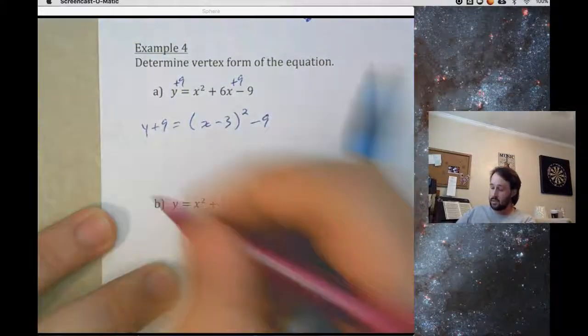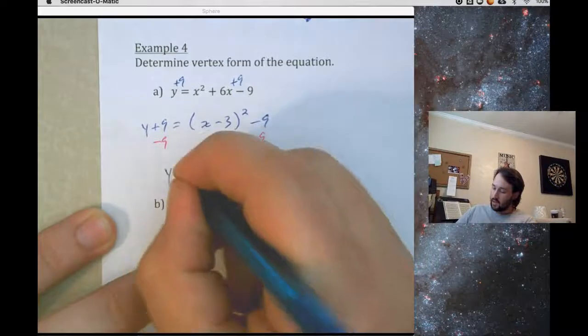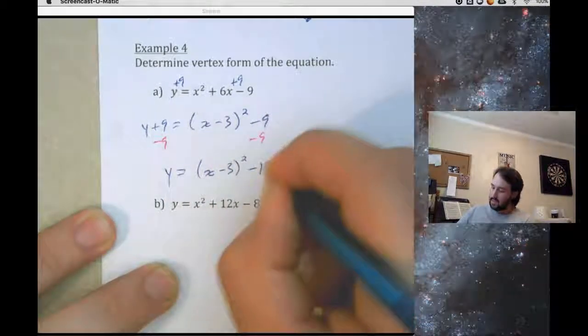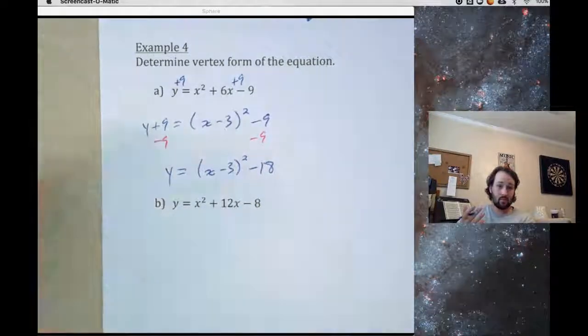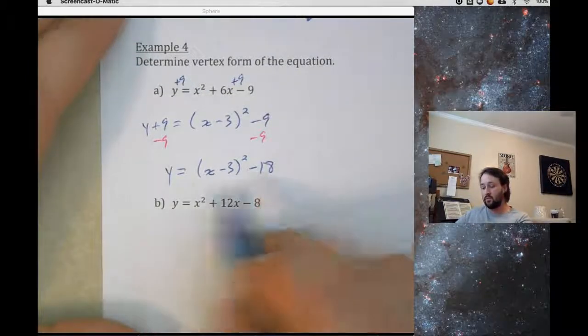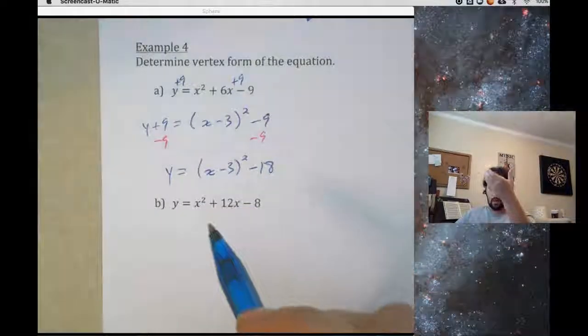So now last thing I'm going to do is just subtract 9, such that I have y equals x minus 3 squared minus 18, and there it is. That's my equation. Done. That's vertex form. All right, so we could pull out the vertex of 3, negative 18. We know it would have a minimum value because this is positive, so it's opening up.